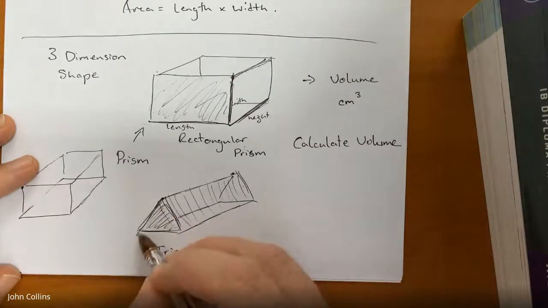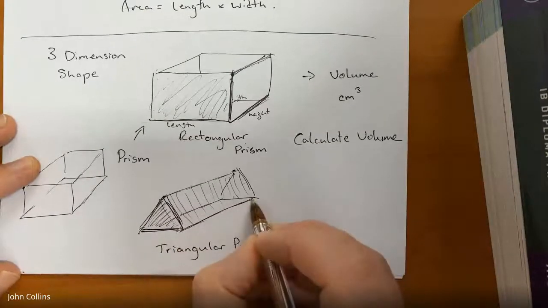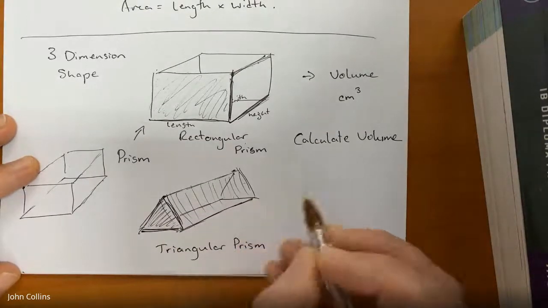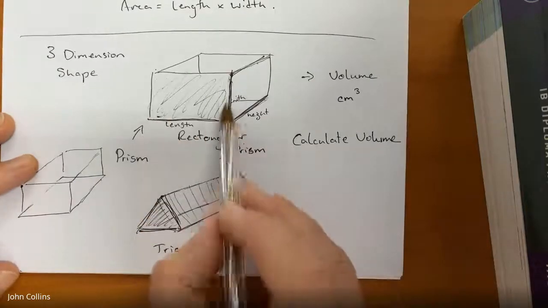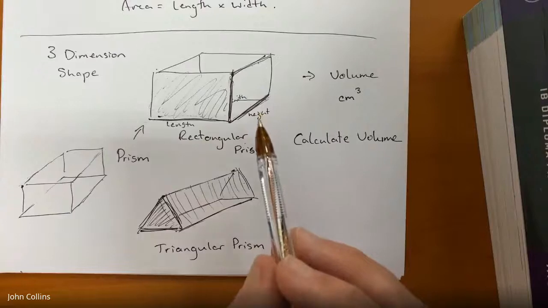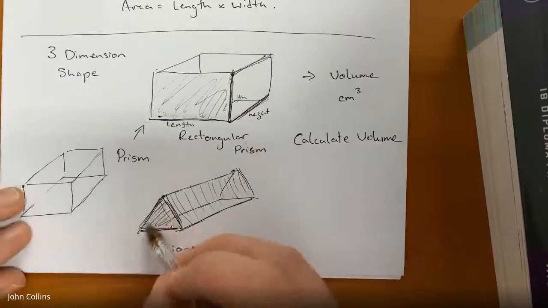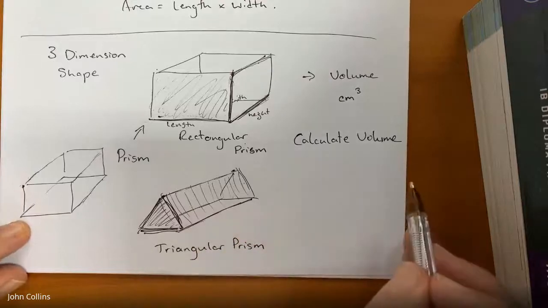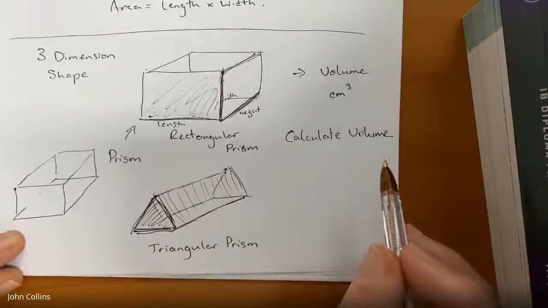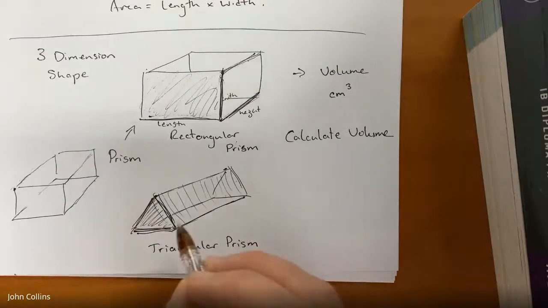So the area of the front bit multiplied by how long it is. Specifically for a rectangle, that is length times width times depth, yeah. But for a triangle or any other shape, you just get the area of the front and then multiply it by how long it is.